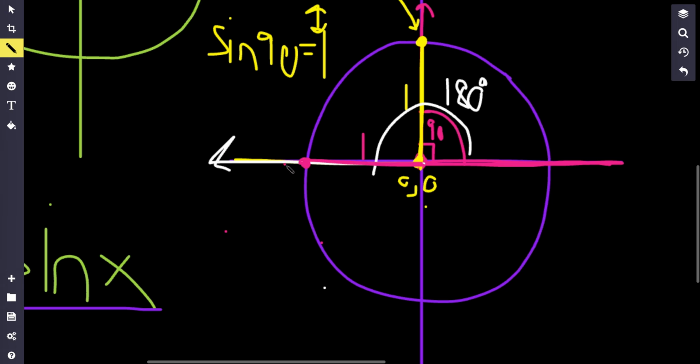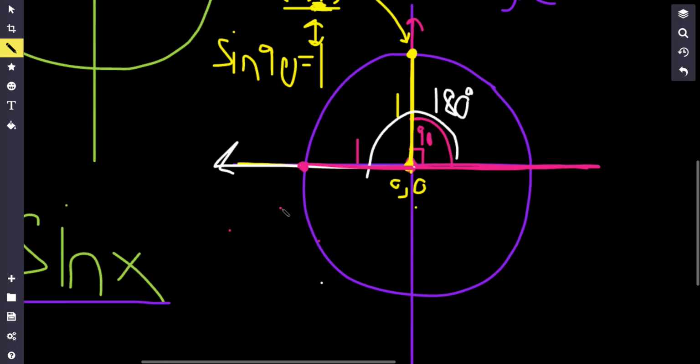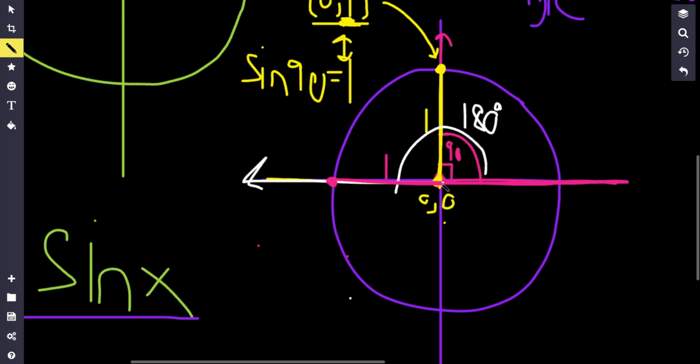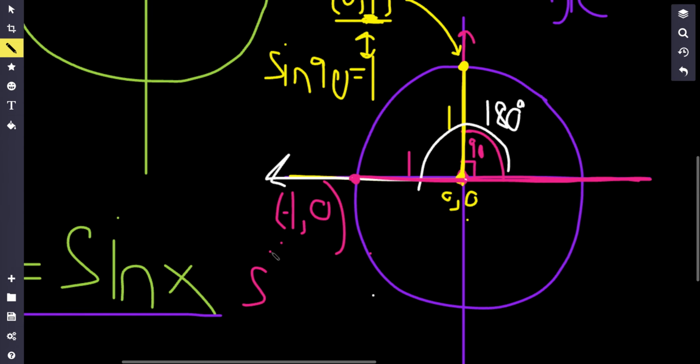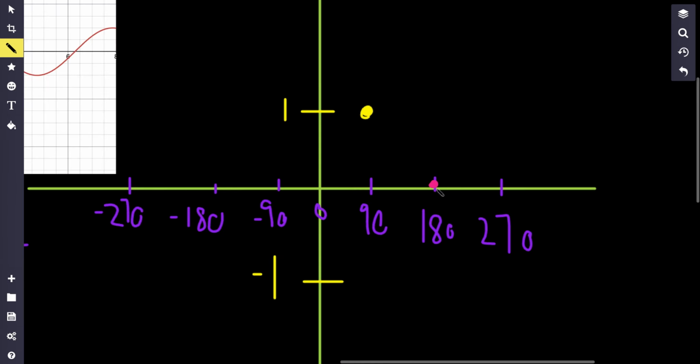Right over here, we've gone 1 unit to the left, so our x value is -1. We started off at 0, and if we went 1 unit to the left, then we're at -1. And our y value hasn't changed, which means that sine of 180 degrees is 0.